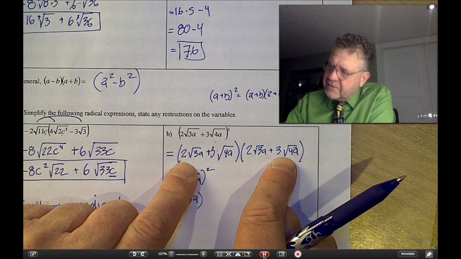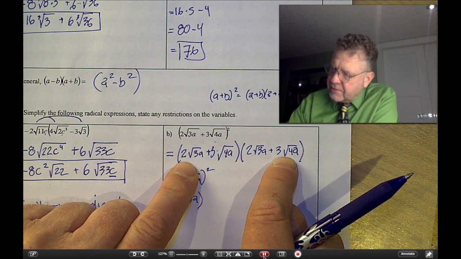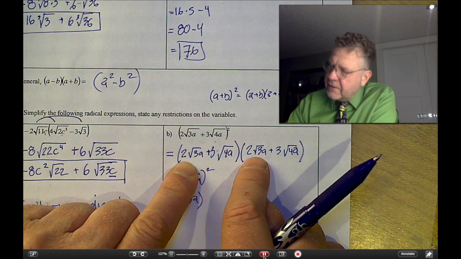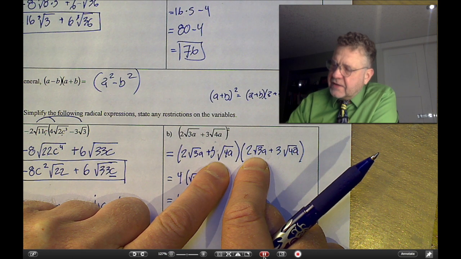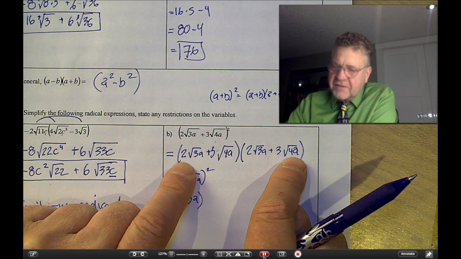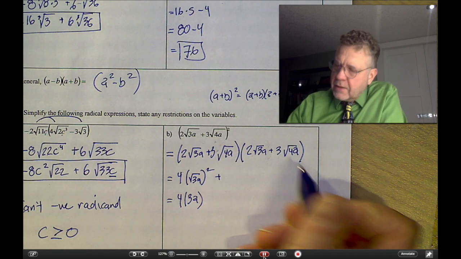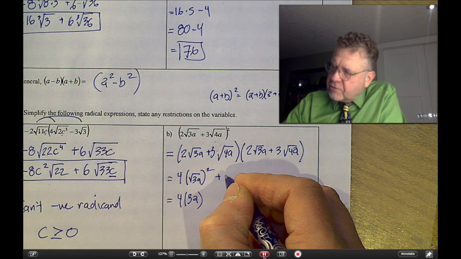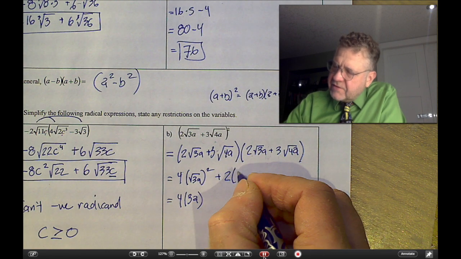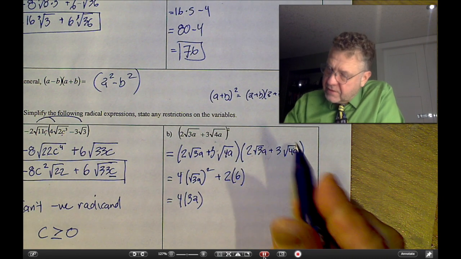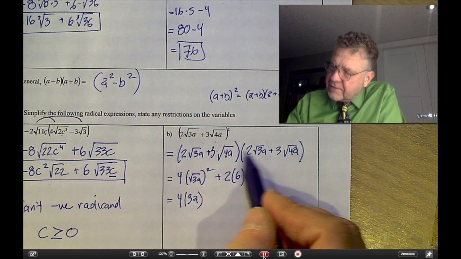It's going to be 6 times that mess. But these are the same thing, right? So it's going to be another 6 times this mess, and this mess and this mess are the same. All of this to say is that it's going to be 2 times 6 times, and now multiply the insides.